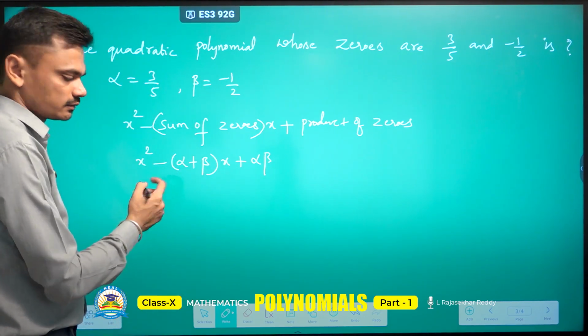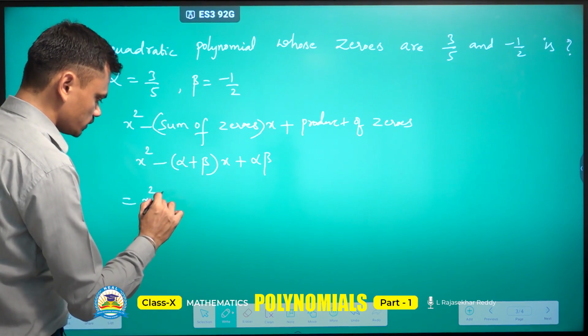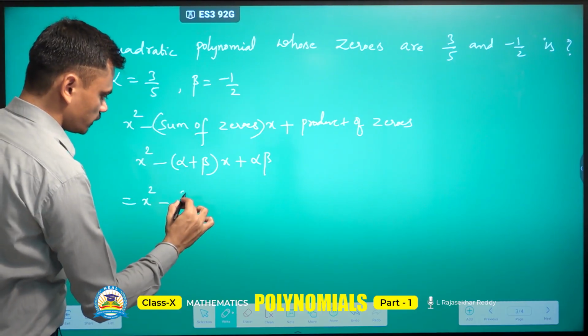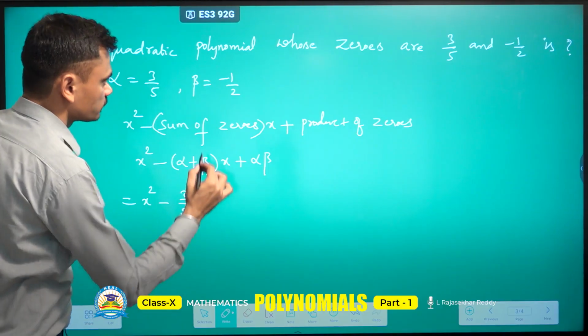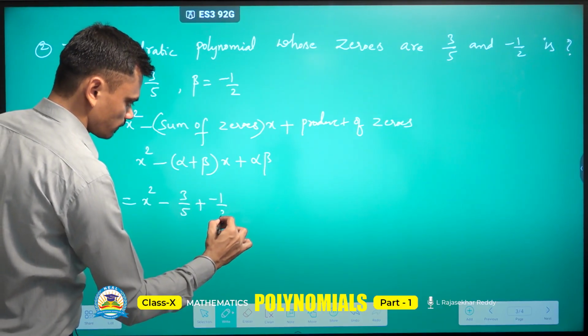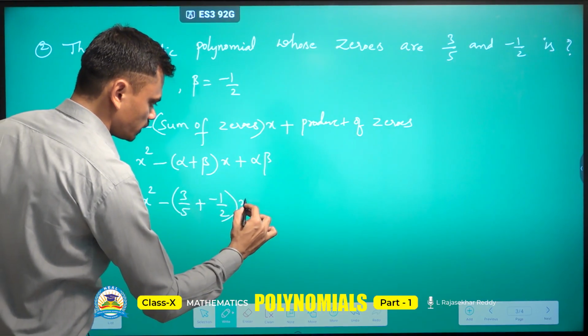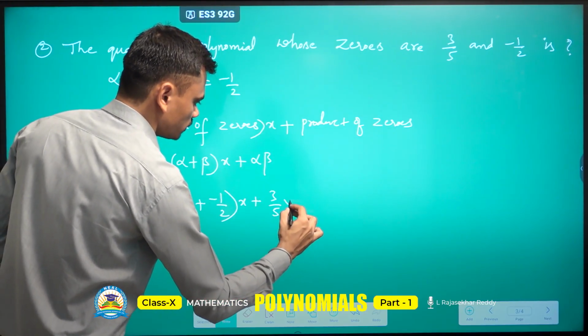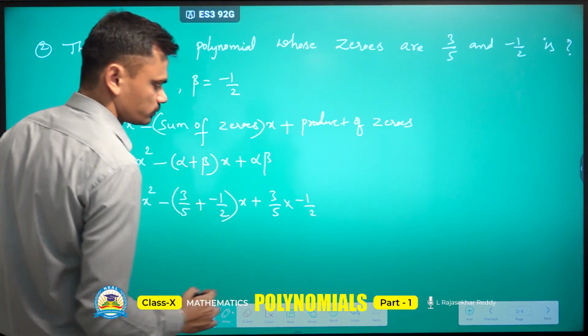So take this condition: x square minus alpha plus beta, 3 by 5 plus minus 1 by 2, into x plus alpha into beta, 3 by 5 into minus 1 by 2.